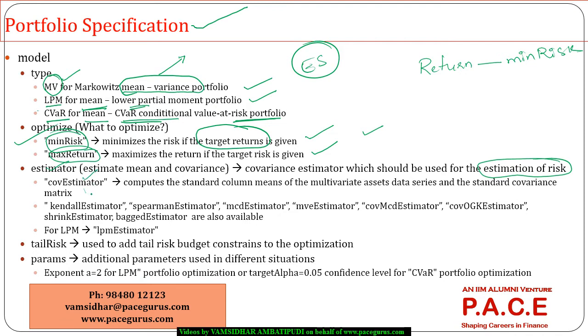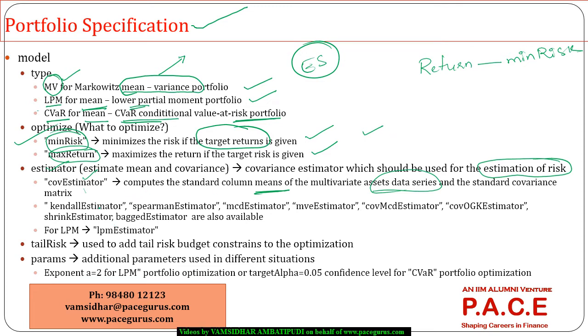When the default is the covariance estimator, the whole allocation of the portfolio is purely based on the covariance. So it looks at the means of each of the asset classes or sectors, of all the various assets that we have, and it builds the variance covariance matrix between the various asset classes.